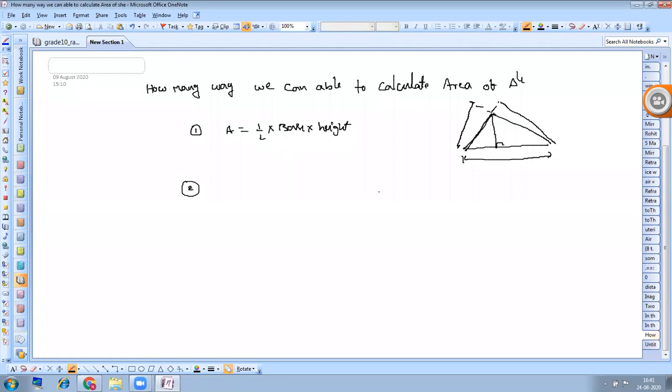What is the second formula? I don't know the height, but I know the three sides A, B, C. Heron's formula. What is Heron's formula? Root of s into s minus A into s minus B into s minus C. Am I right? So these are the two possibilities.